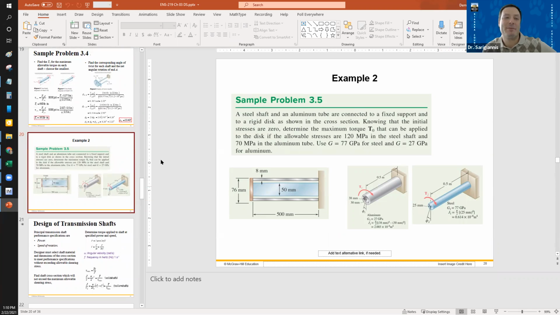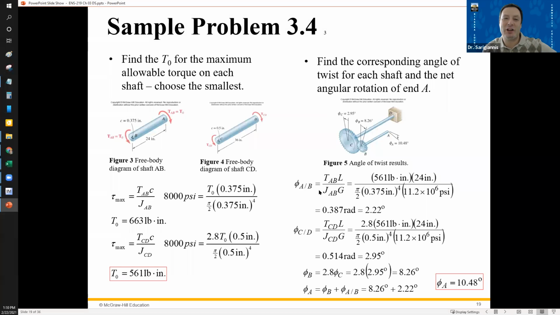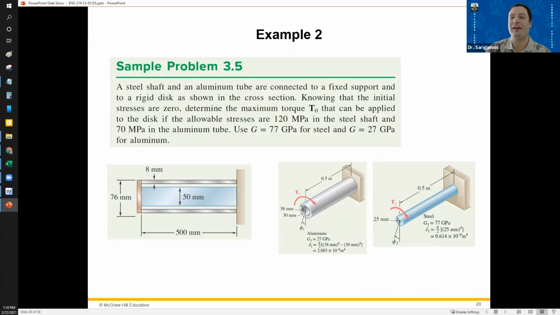All right. So we had just discussed figuring out and using torque to determine internal stresses. What we're going to look at here now is we have a steel shaft and an aluminum tube.